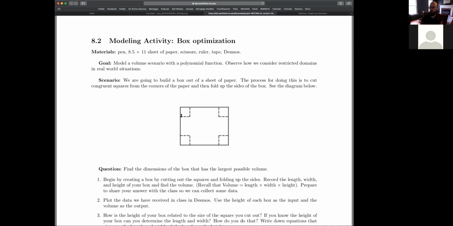If we look at this, we want to figure out, what's the height of my box? What's the length? And what's the width? Nick, are you able to measure your box there that you've created? Yeah, I'll grab a ruler.